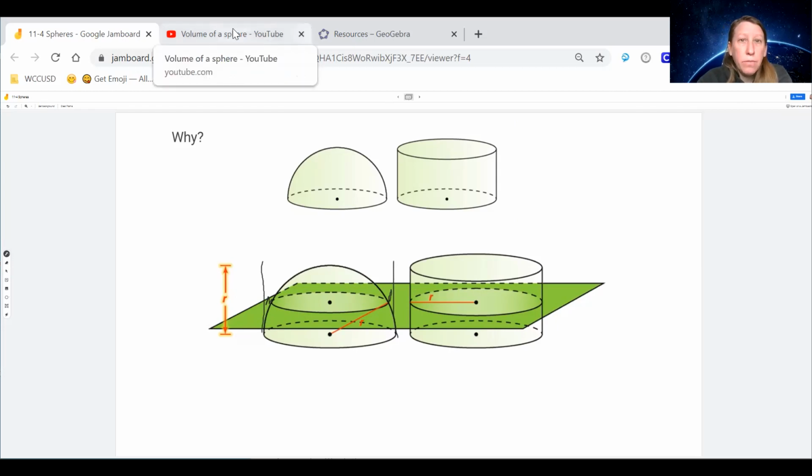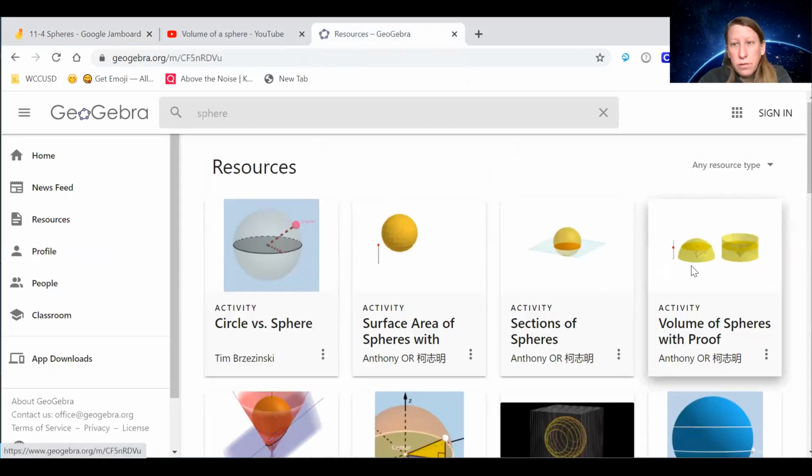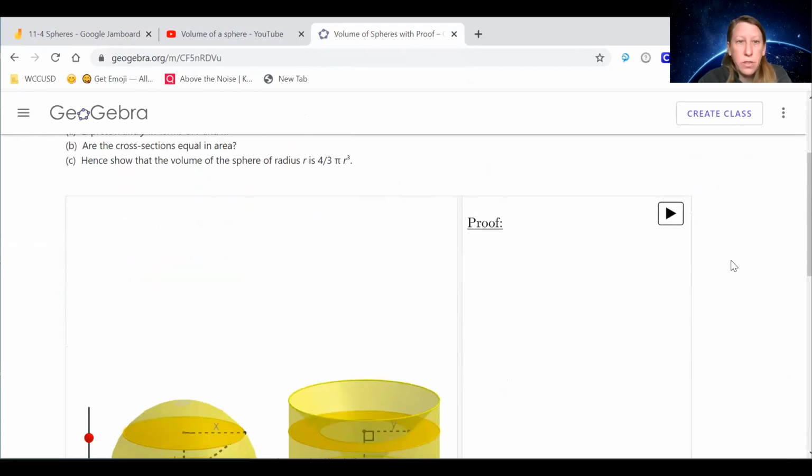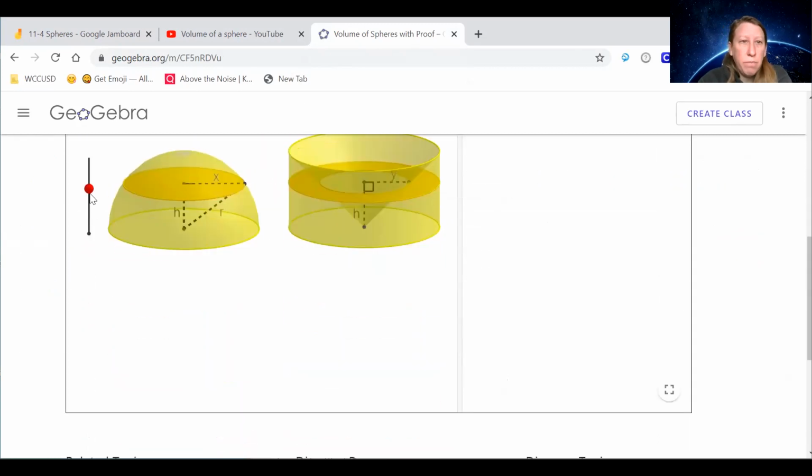At the bottom, and if you're interested in this, you want to push yourself to really go deeper with these topics, this is a really good activity to look at. So at the bottom, the cross sections are equal. The area of this circle and the area of this circle is the same. But as you move up, this circle is smaller than this circle slice.